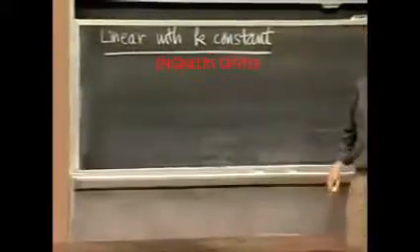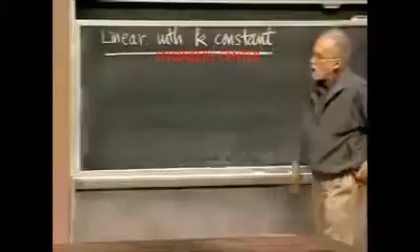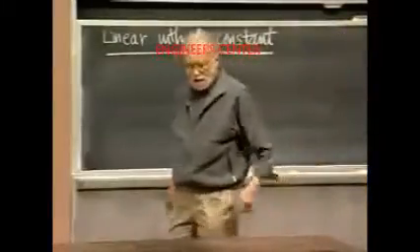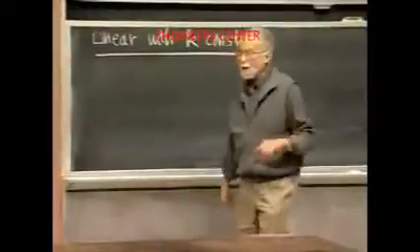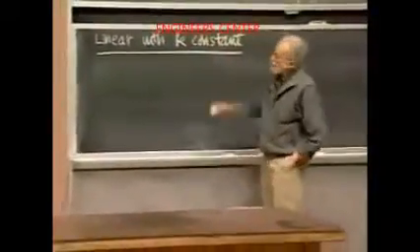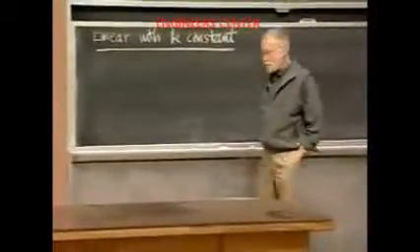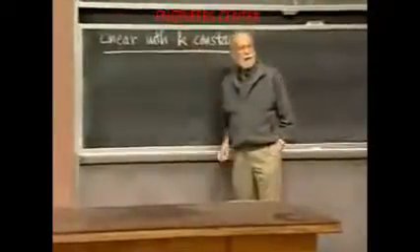Of them all, probably the most important case is the one where p is a constant, because of its application to that, and many others, the bank account, for example. All of those would use a constant coefficient.